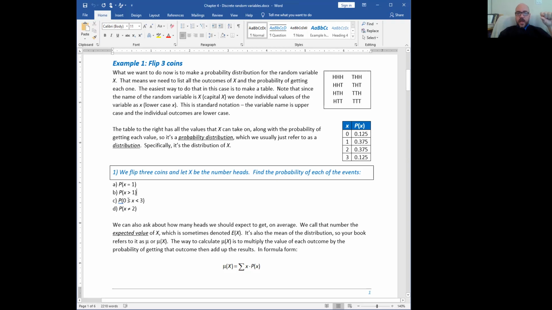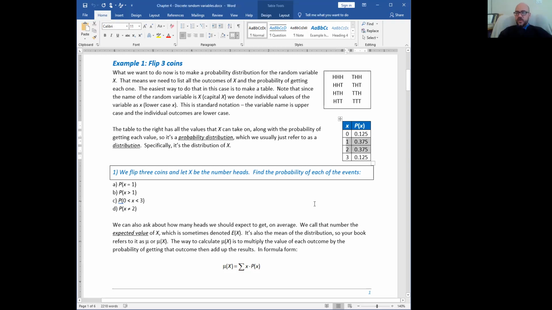So I'm going to say to myself, all right, what numbers does this include? Well, it's just 1 and 2, right? 1 and 2 are bigger than 0 and smaller than 3. So it's just these guys right here, which if you add those up, you get 75% or 0.75.